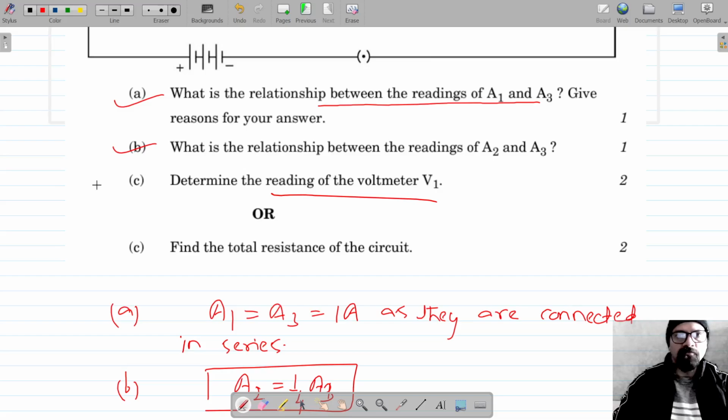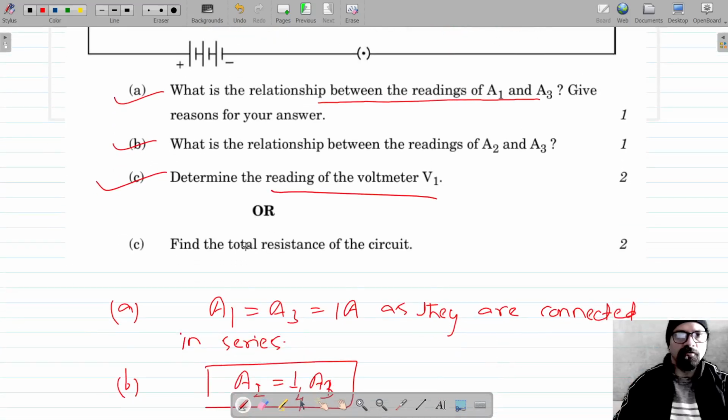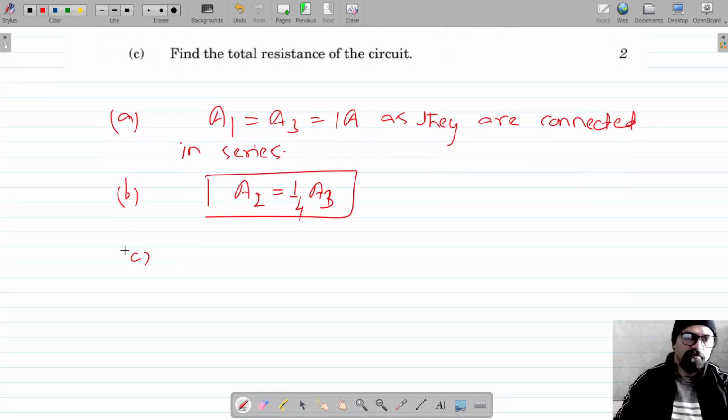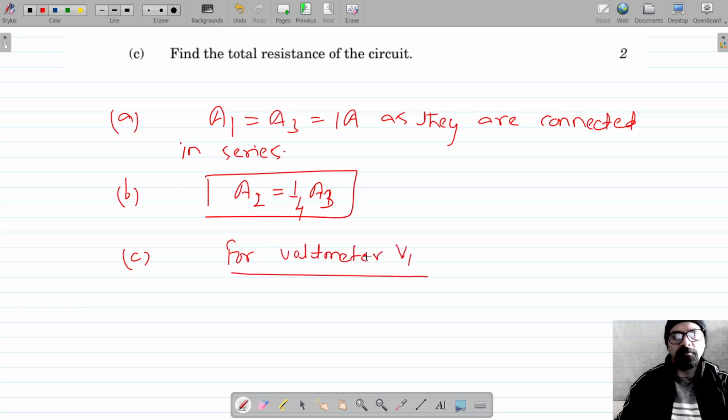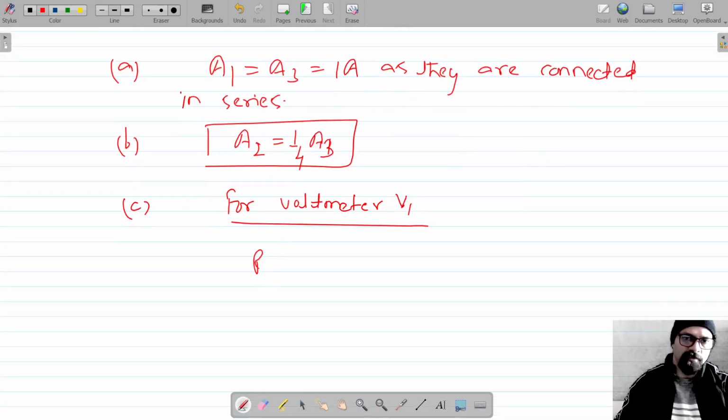Now determine the reading of voltmeter V1. Where is voltmeter V1? V1 is connected across these two resistances, so for part C we are going for voltmeter V1. These resistances are connected in parallel, so the resistance here will be Rp.